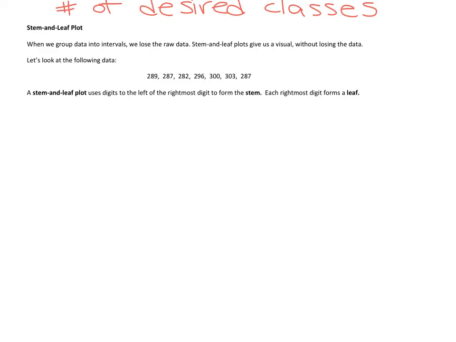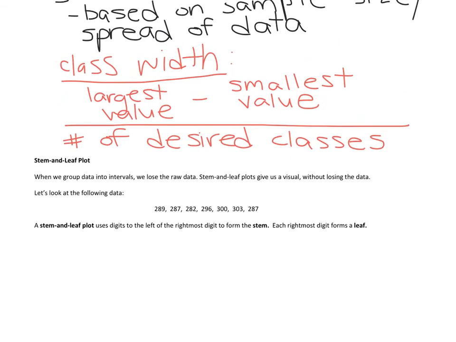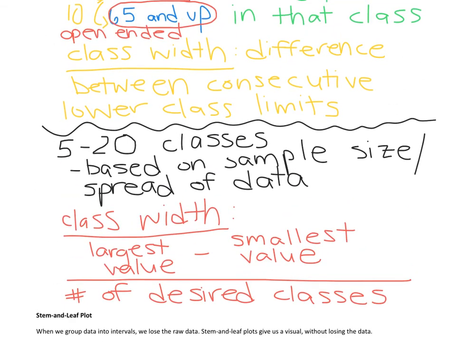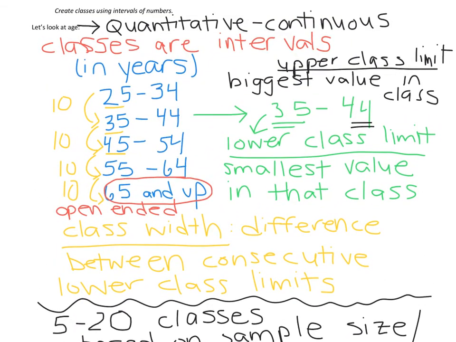When we group data into intervals, we lose the raw data. So for instance, let's go back to our example with the ages. If these were our classes, and we start grouping the data in here, let's say we had a 27-year-old, a 32-year-old, a 26-year-old, and a 30-year-old. So we would say there's 4 people in this first class.